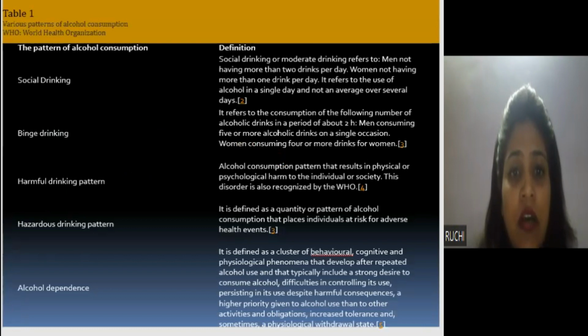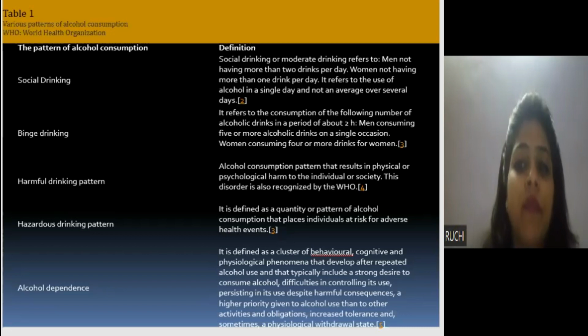Social drinking refers to about 2 drinks per day for men and 1 drink per day for women on different occasions, probably not regularly. Binge drinking refers to consumption of alcohol of more than 5 drinks in men and more than 4 in women.